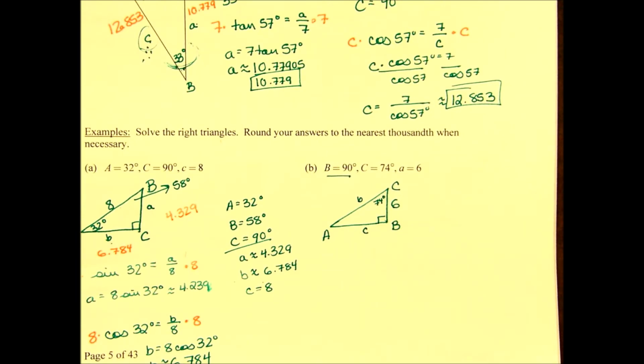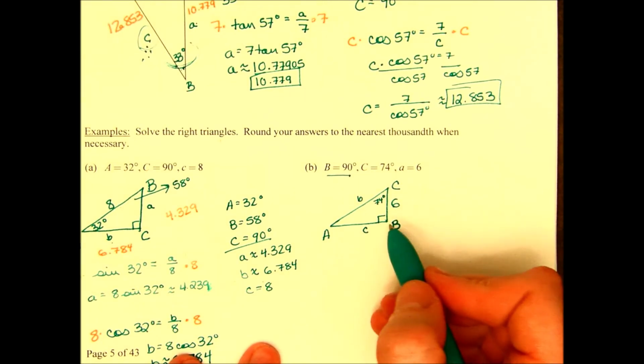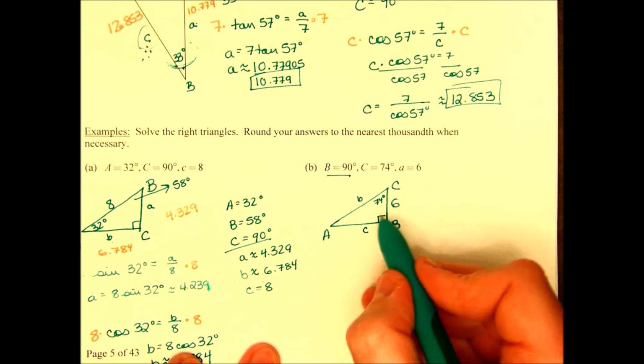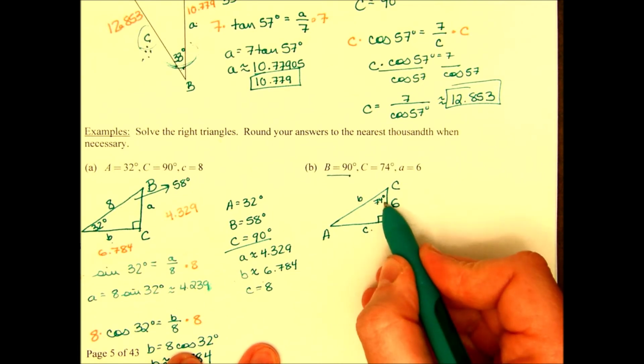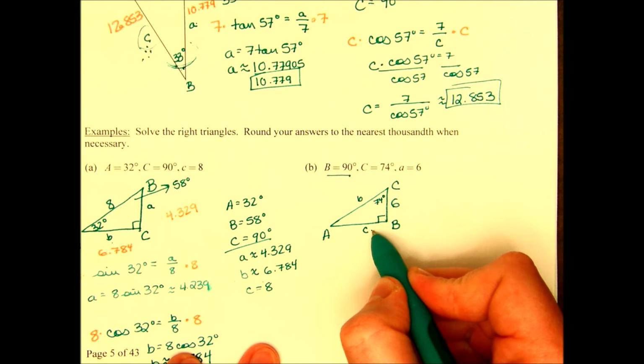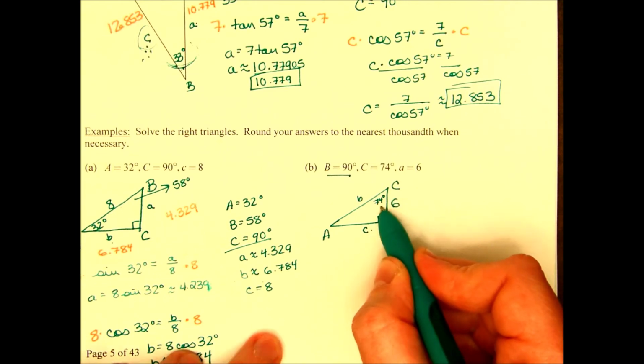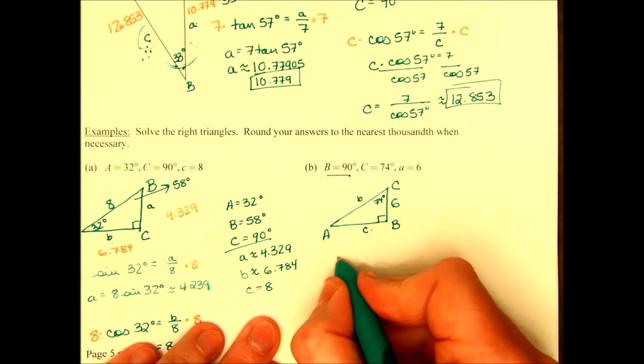I'm going to, I don't know. Why don't I find my little c first? Little c is the opposite of 74, and 6 is the adjacent to 74 degrees, so that sounds like a tangent.